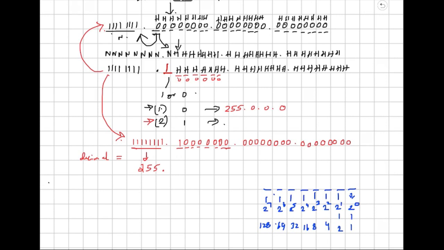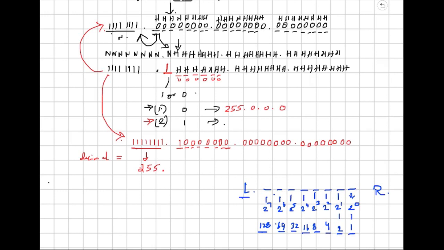So each place in these 8 bits has its own value. This is the right hand portion and this is the left hand portion. The left hand has higher values, and as it moves down to the right, the value decreases. So the places have 128, 64, 32, 16, 8, 4, 2 and 1.